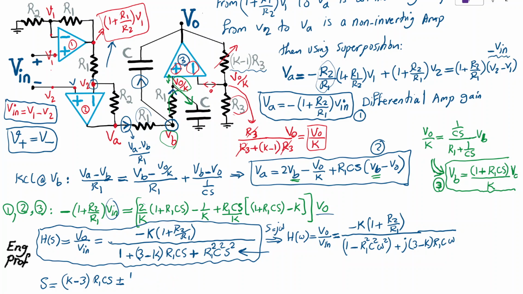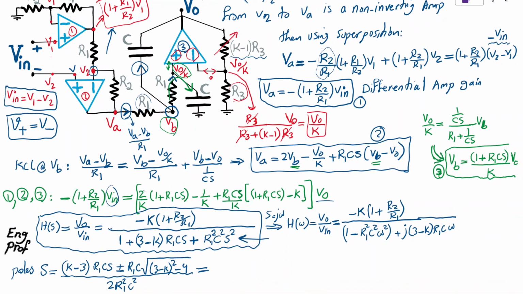So let's write it this way immediately. So R1 C, (3 minus K) squared, and then we have minus 4, divided by 2 R1 squared C squared. So in this case, it becomes as simple as the pole. So we are finding poles effectively of the system.